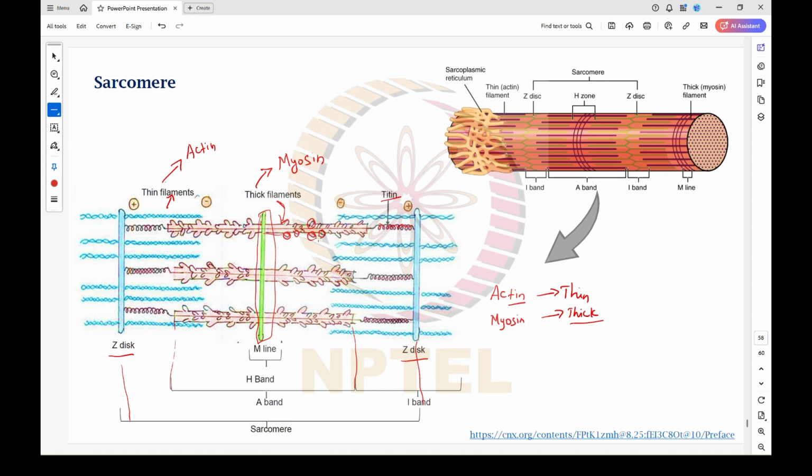Each sarcomere generates such a force, and that is how the force is generated within the whole muscle fiber and then transmitted. So thick filaments are myosin, thin filaments are actin, and the protein joining the thick filaments to the Z disc is the titin protein.